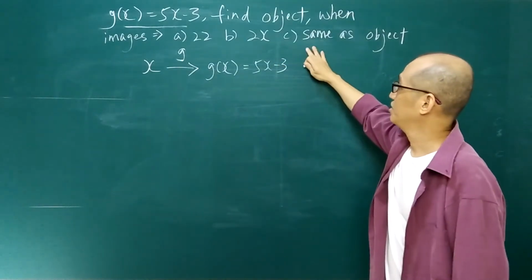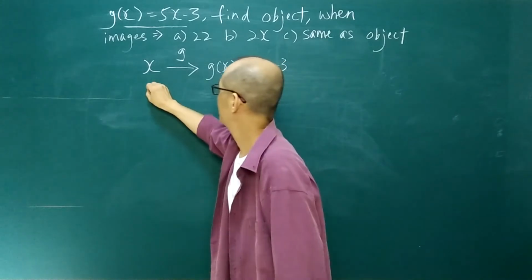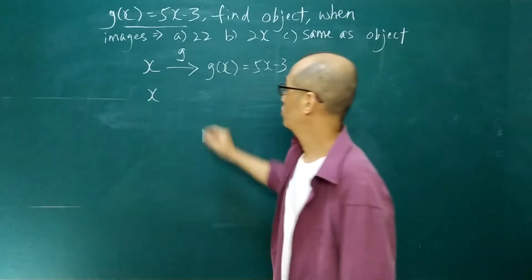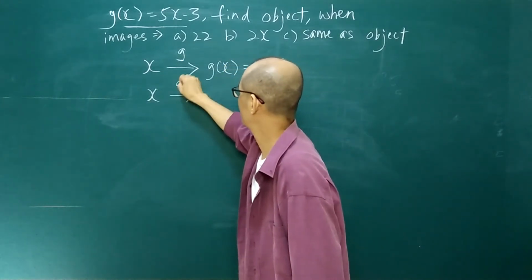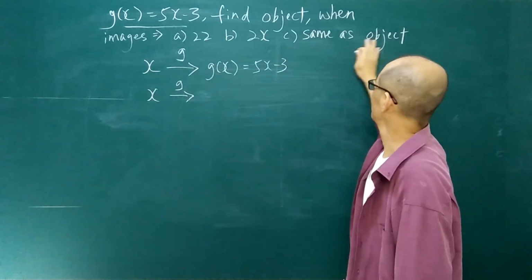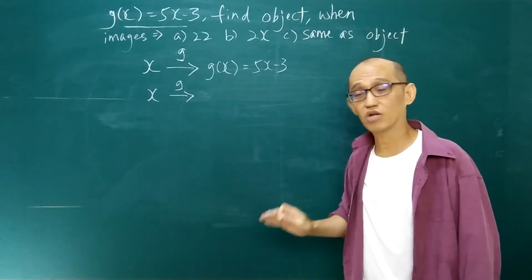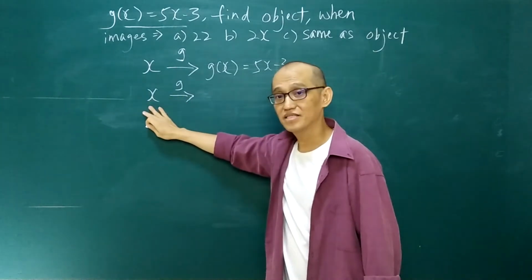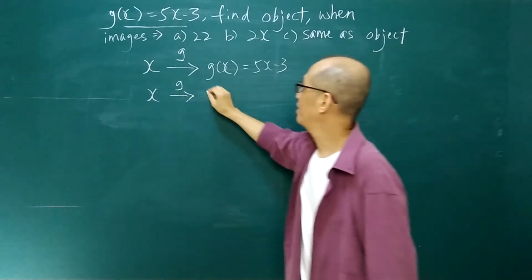And for C, we want to find the value of x, so that after it goes through the function g, the image is same as object. What does it mean? Same as object. The object is x, the image is also x.